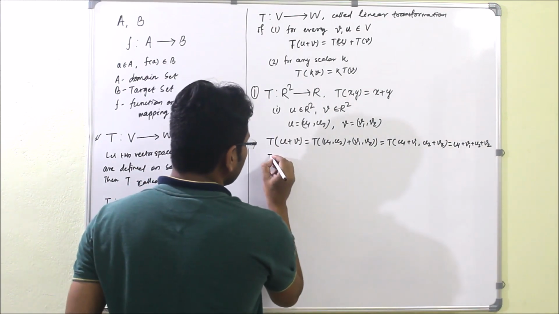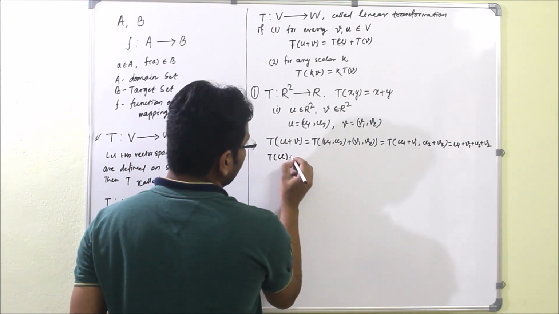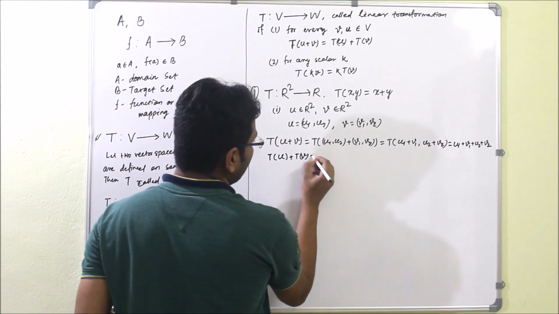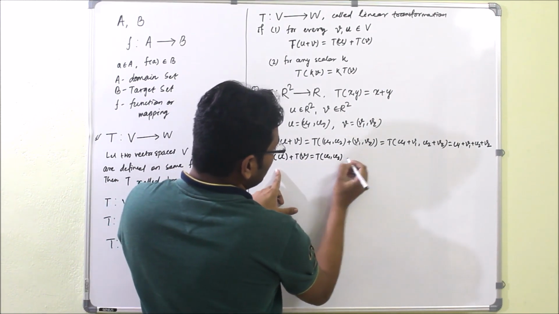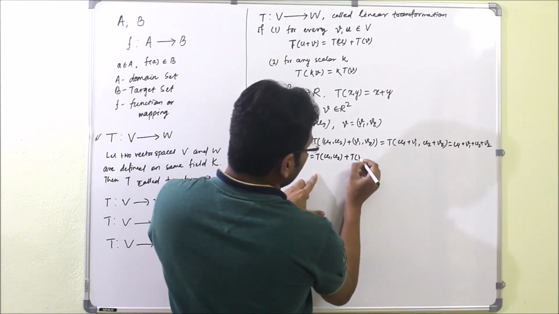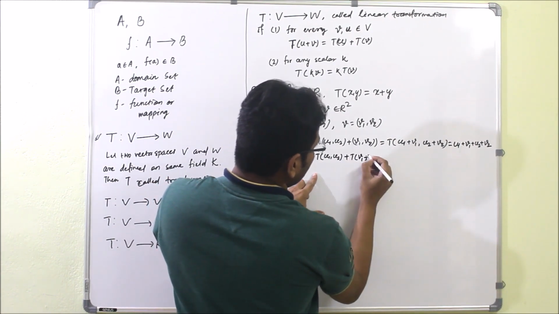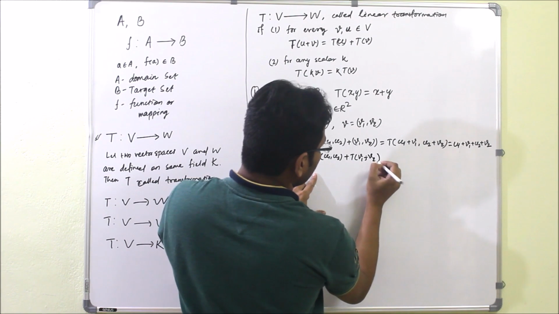The RHS is T of u plus T of v. T of u is T of (u1, u2) plus T of (v1, v2).